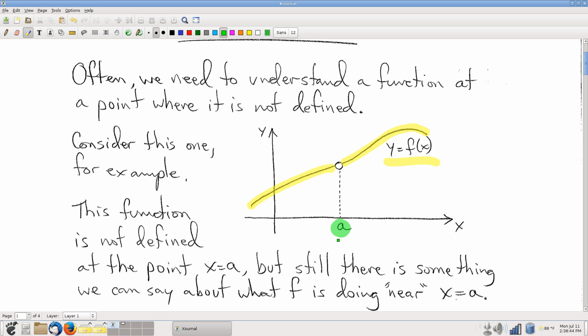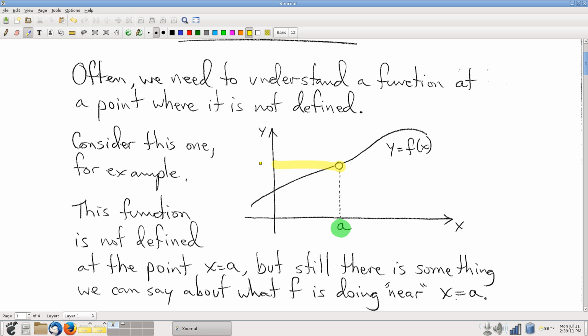Okay, now one point of view that you can take on this is that in representing the fact that this function is not defined at the point A, you'll notice I put this little circle, indicating a hole. Well, I had to put that hole at a certain place. That place has a certain value, and one point of view you could take on what is a limit is where the hole is, in a sense.